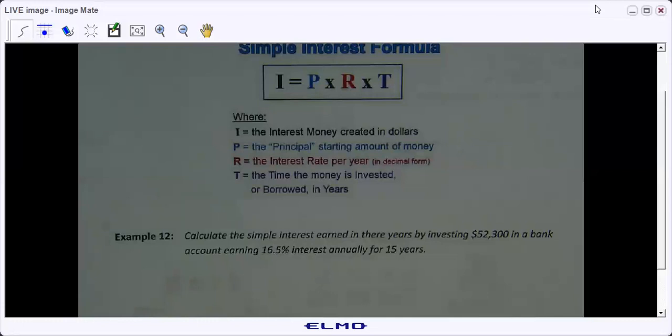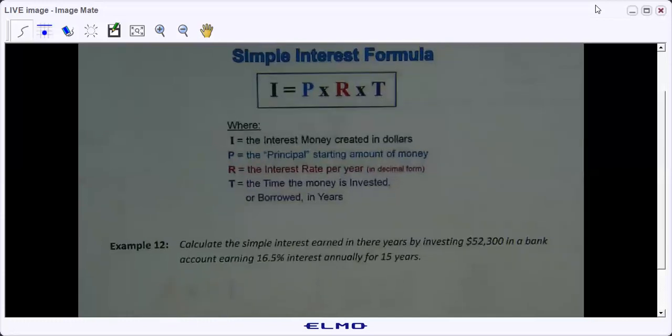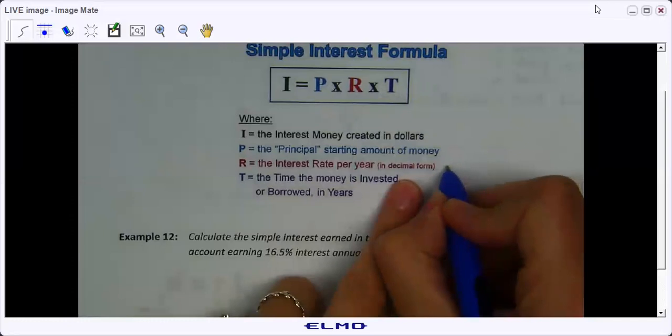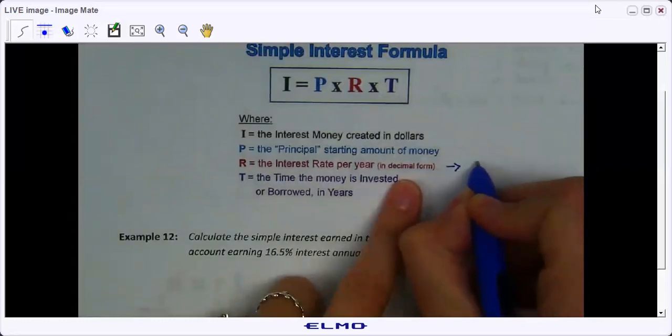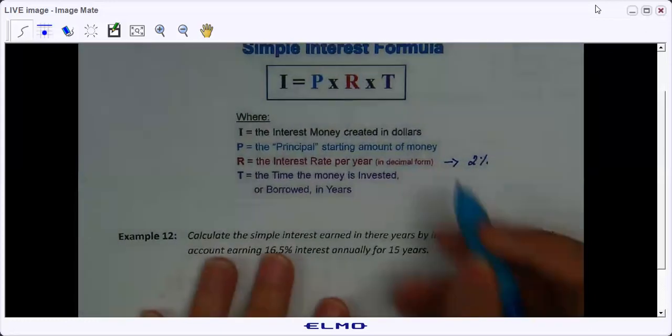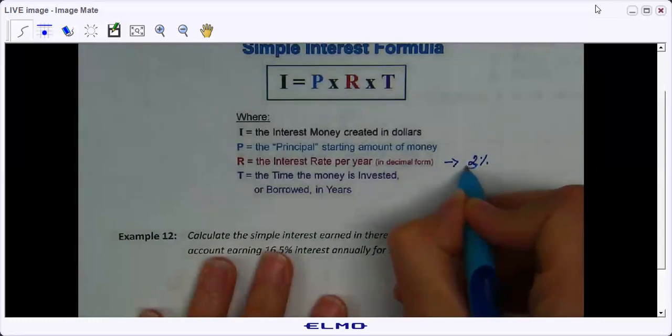I'm going to show you two things that you need to be careful of. First is the interest rate. If I tell you that you're earning an interest rate of 2%, when I put it in the formula, you have to put it in decimal form. How do we turn a percent to a decimal? You move it to the left 2 times. 1, 2.